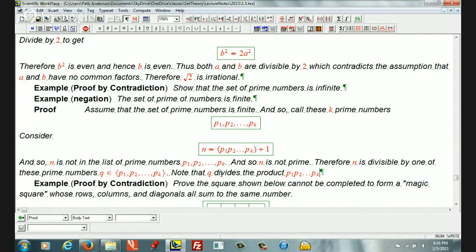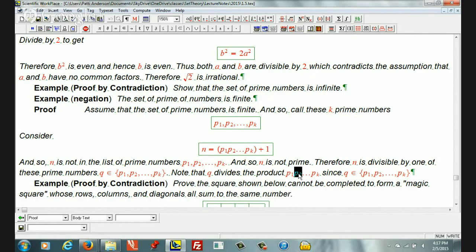Because Q is one of them. So if Q is one of them and you multiply them all together, then maybe Q is this P2 right here, so you should be able to factor that Q out.